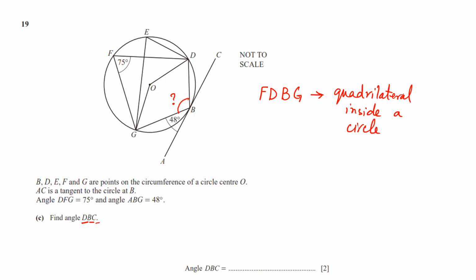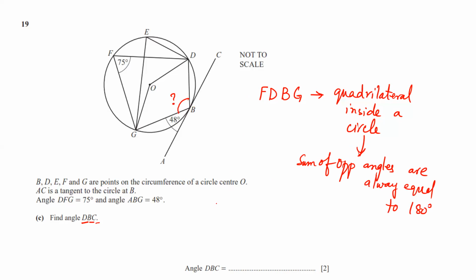The opposite angles of such a quadrilateral, the sum of opposite angles, are always equal to 180 degrees. So 180 degrees, we have one angle that is 75, and we subtract it from 180, and then we get this angle. So this comes out to be 105 degrees. So this is how you get this.